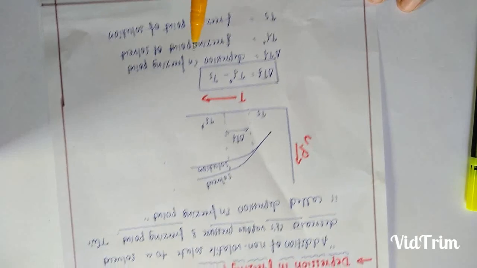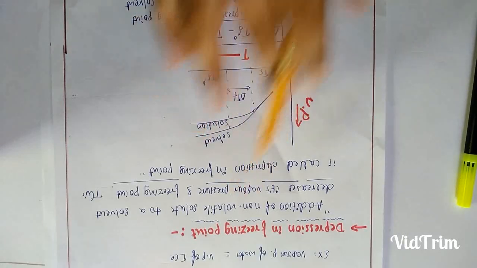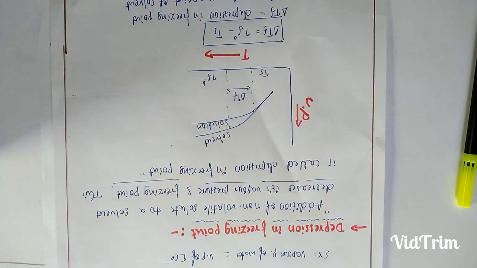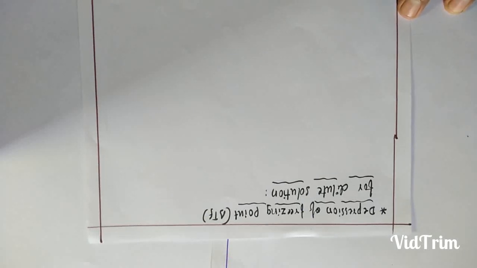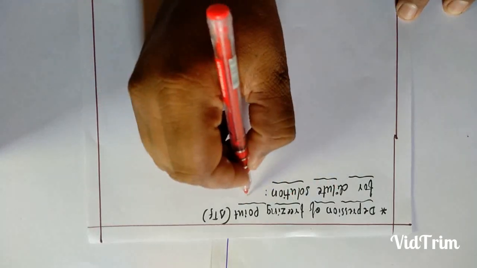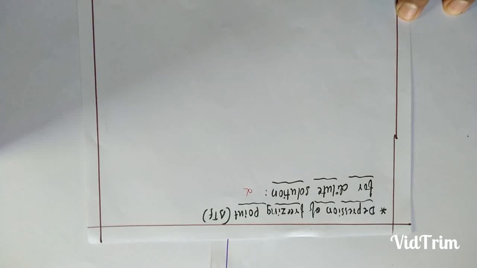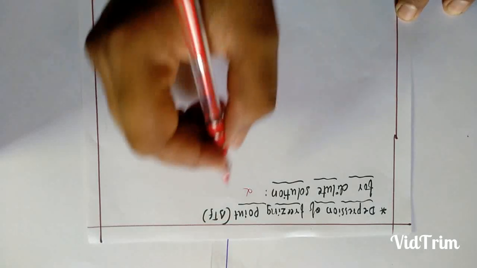And students, depression in freezing point is a colligative property, and for a dilute solution it is directly proportional to the molar concentration of the solution.